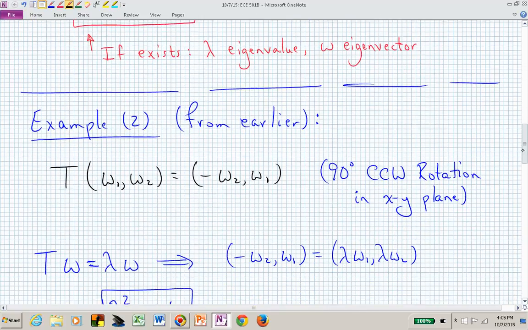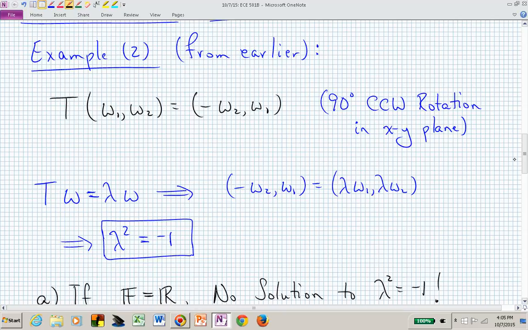Here is the example that we really just started on last time, and it represents a 90 degree counterclockwise rotation in the xy plane. The linear map takes this 2-vector (w1, w2) and maps it into (minus w2, w1). If you view the first coordinate and the second coordinate like the x and y direction, hopefully you can see this 90 degree counterclockwise rotation in the xy plane.